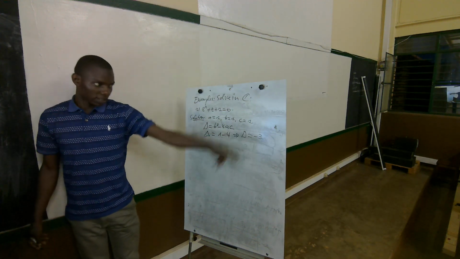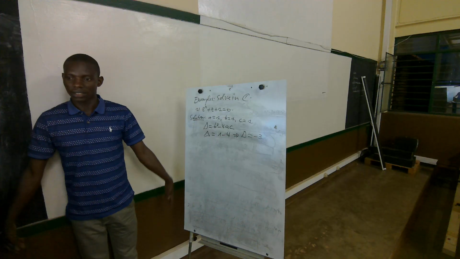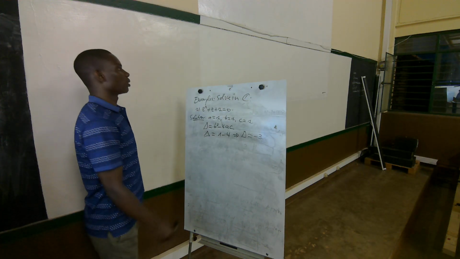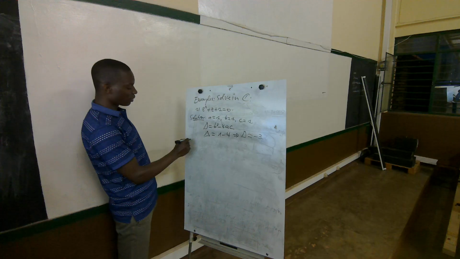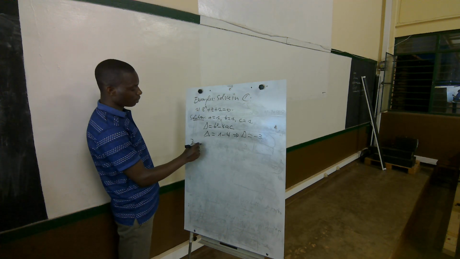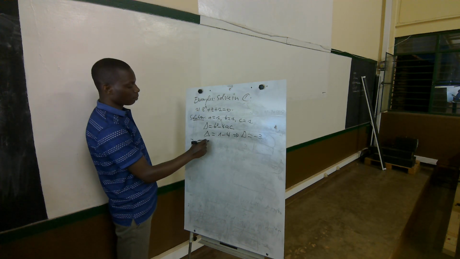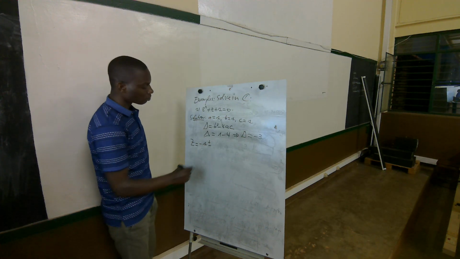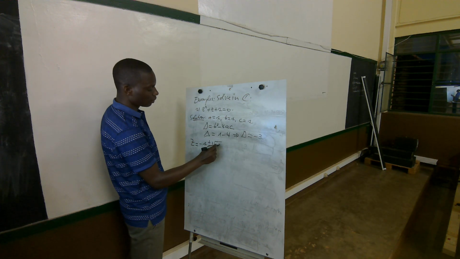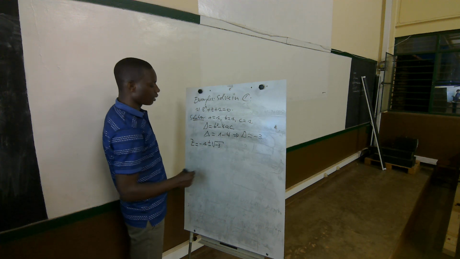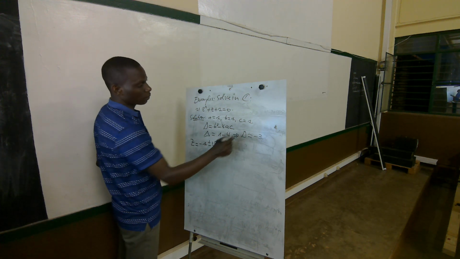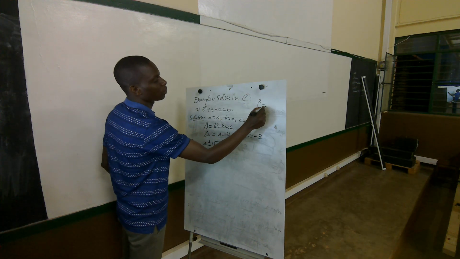So if the determinant is negative 3, we are not going to say that it is not possible. It is possible in the set of complex numbers, where we have seen that z is equal to negative b, which is negative 1, plus or minus square root of negative 3. And negative 3, we know that i squared is equal to negative 1.